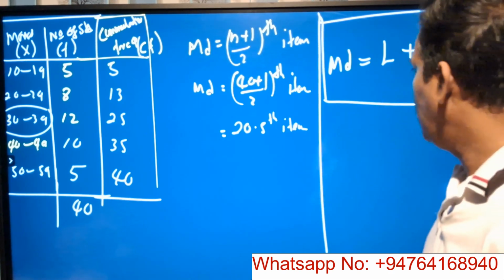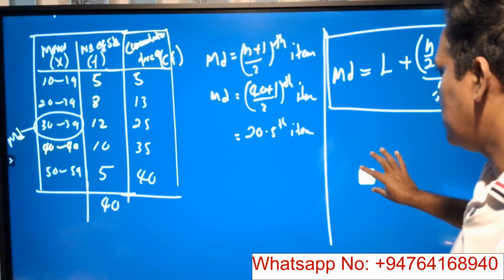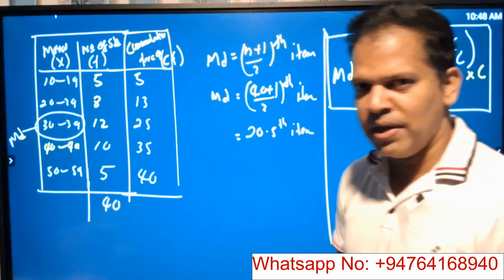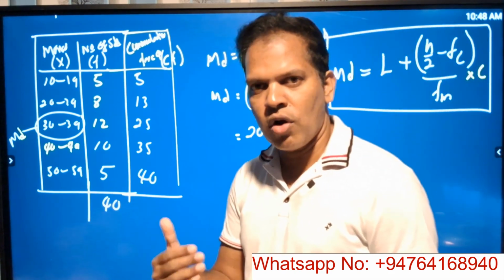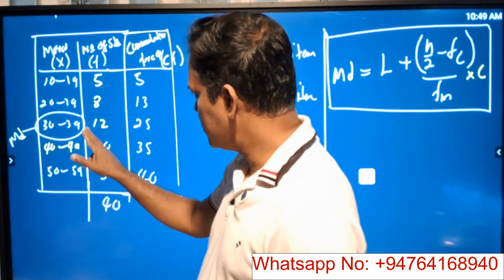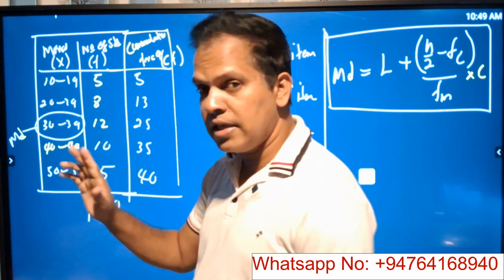L is the lower class boundary of this median class. What is the lower class boundary? This class is 30 to 39.